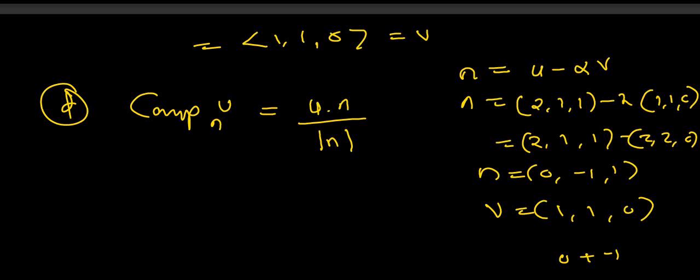Oh, sorry, this is a 1, because we said 1 minus 0. This is our N.